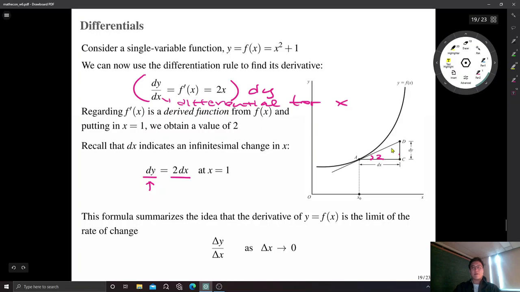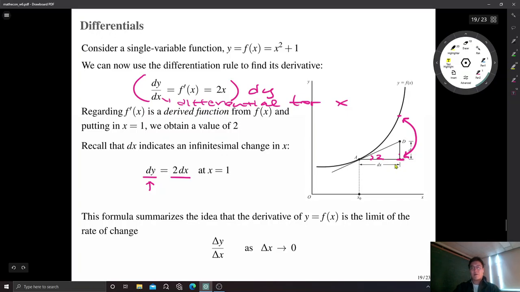And if we compare that with the function's value, actually, the total variation of the function when x changes from a to c. So when x increases by dx, how much does the function increase by? The variation of the function is going to be this one.